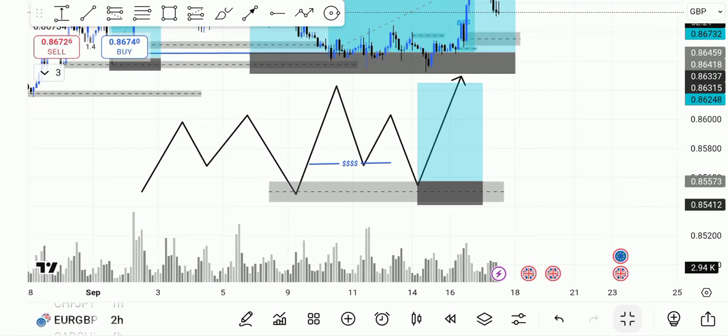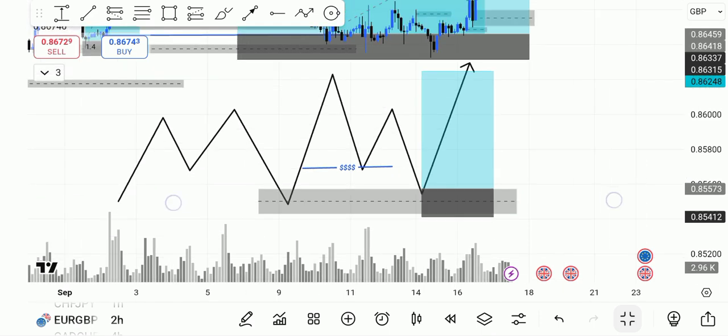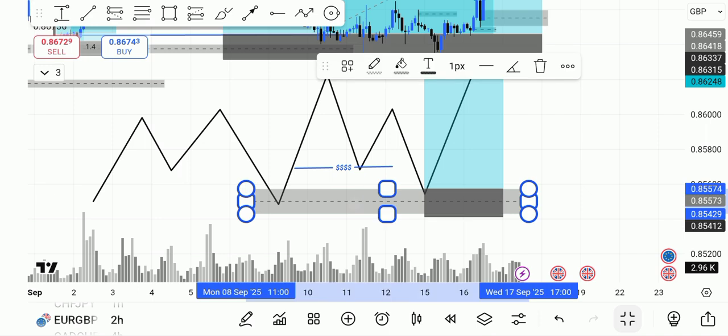So here I've done some market structure. When you're marking structure, when you're waiting for your order block to be mitigated, you have to be patient. As you can see here, I had to wait patiently for this liquidity to be taken out.